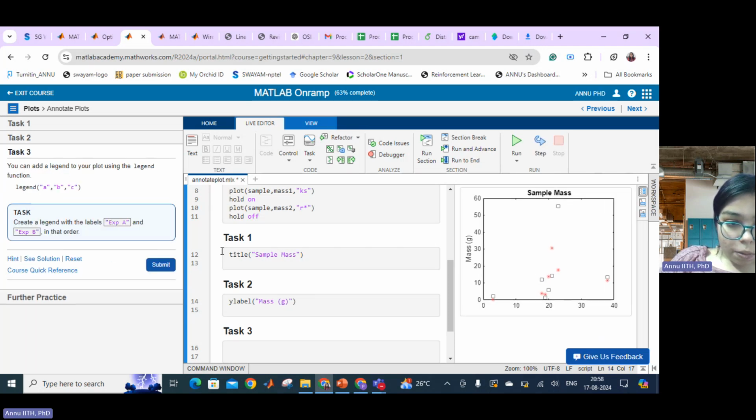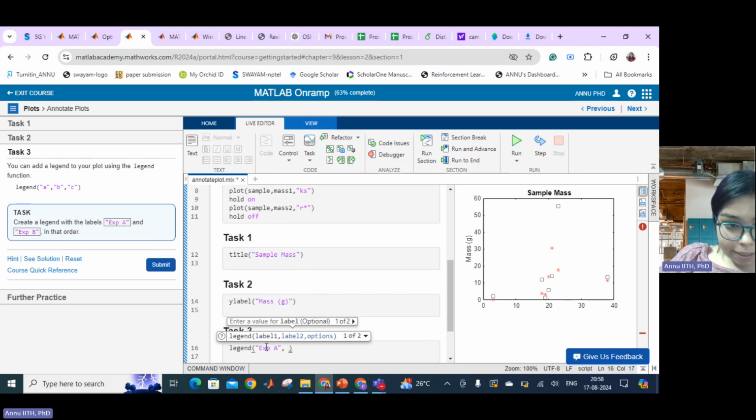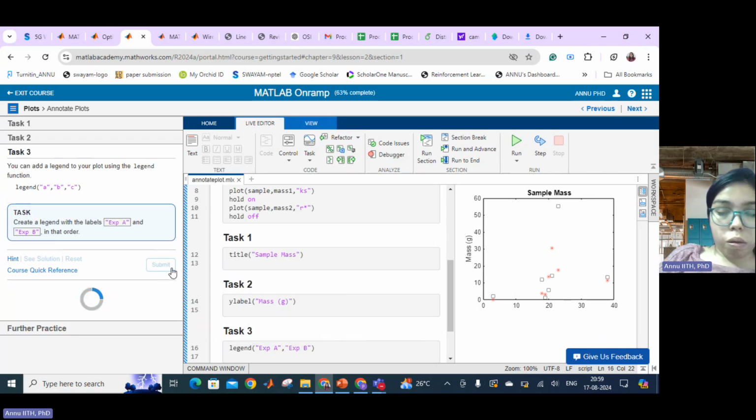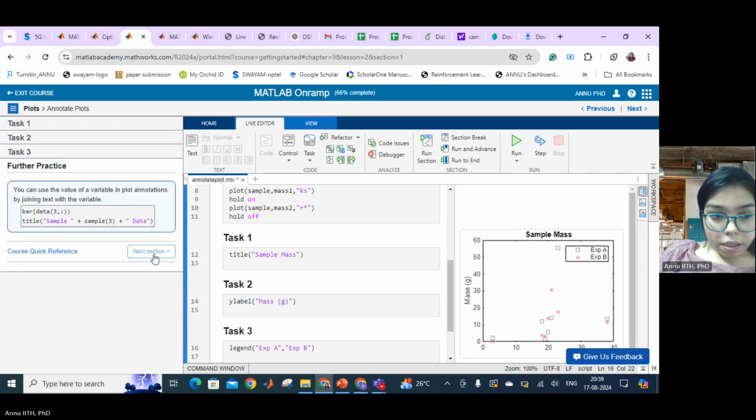Correct? Now you create a legend. So legend is actually if we have two plots, since we have two plots, so let's have legend as 2, experiment A, experiment B, right? Experiment. That's cool. Okay.